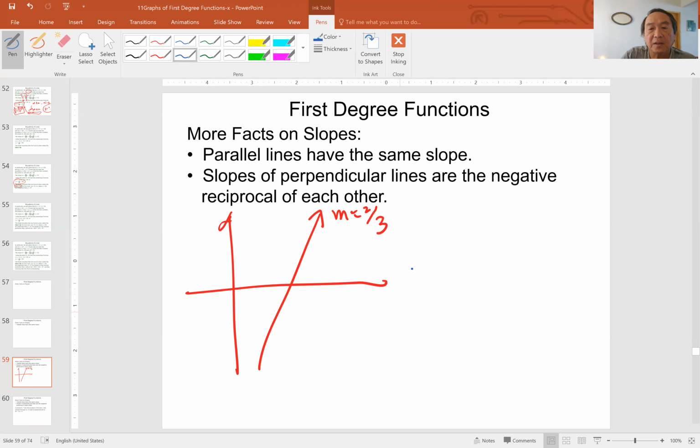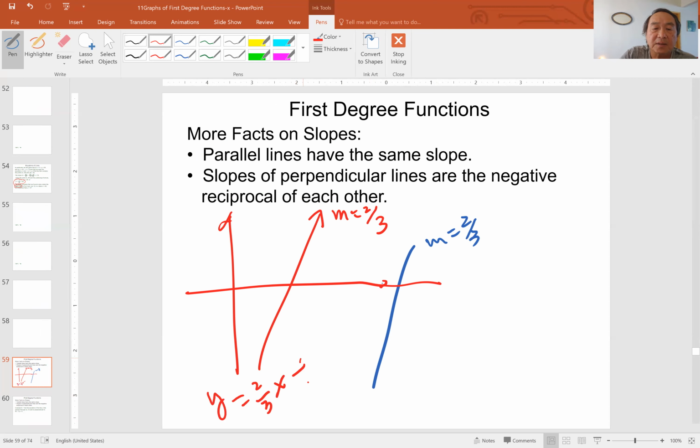I have another line down here with its own equation, and the slope of this one is also 2/3, as long as they're parallel. In other words, I write this equation as y equals 2/3 x plus some number, and this one the same, y equals 2/3 x plus some other number, because they're shifted. So these are for parallel lines.